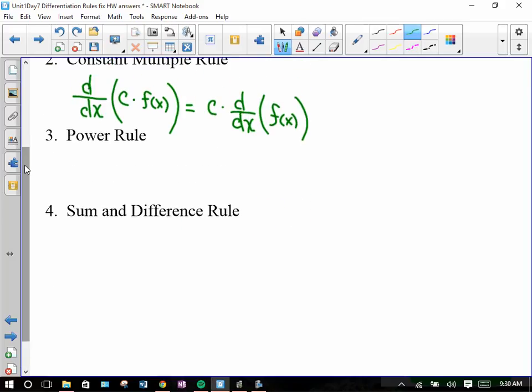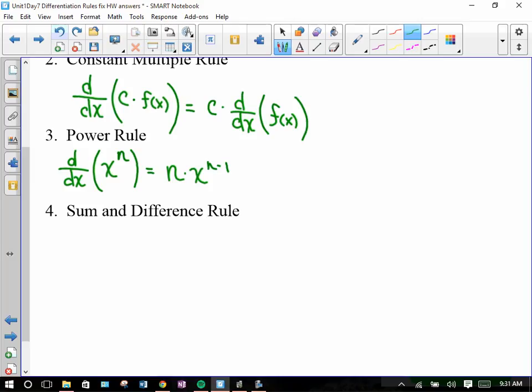It says that if you're taking the derivative of x to the n power, it's equal to n times x to the n minus 1 power. You guys sort of came up with that on your own.